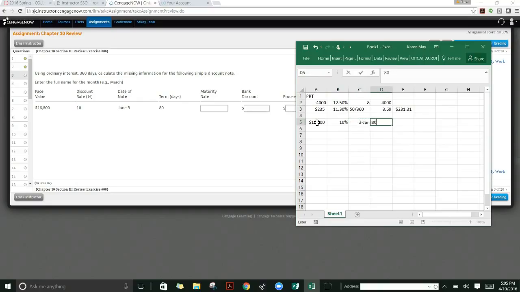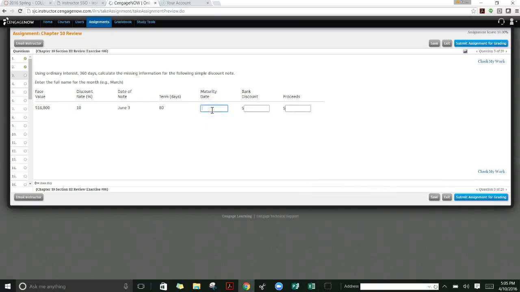And the terms are 80 days. And so the first thing they want to know is the maturity date. You can add the date by going to equals, clicking on the date, and plus, and click on the 80 days. And so the maturity date would be August 22nd.